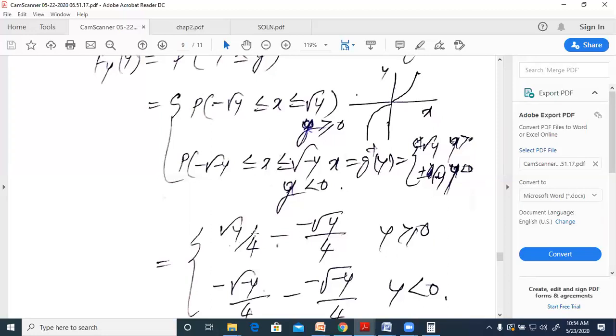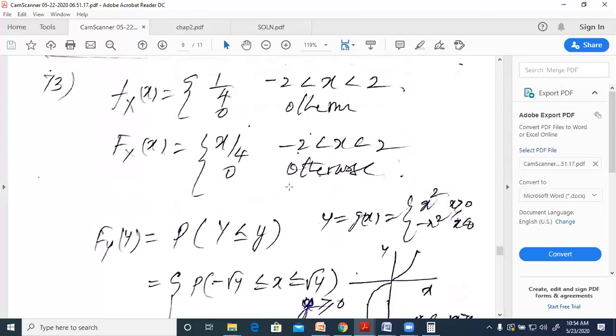So if you take this one and try to solve it, then you will get the values as root of y by 4 minus of minus root of y by 4, because at the end, the value of x is nothing but, we have got here x by 4.